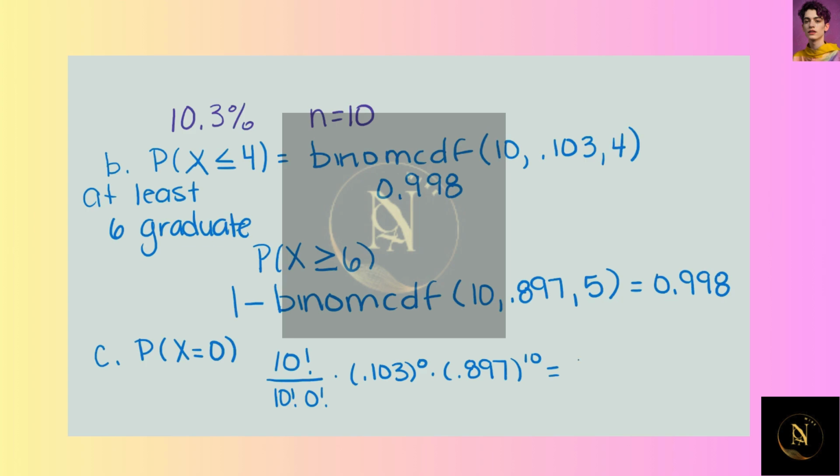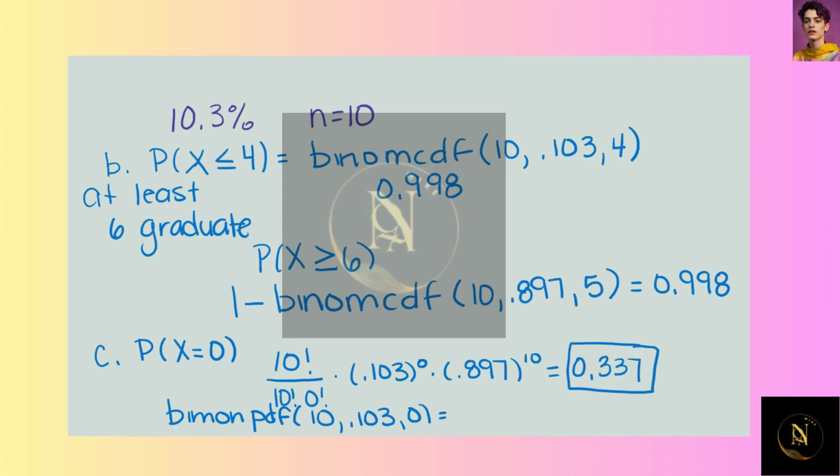I solve that and I get 0.337. You could also put that in your calculator as a binom PDF because you're just looking for one value: 10, 0.103, and 0, and you will get 0.337.